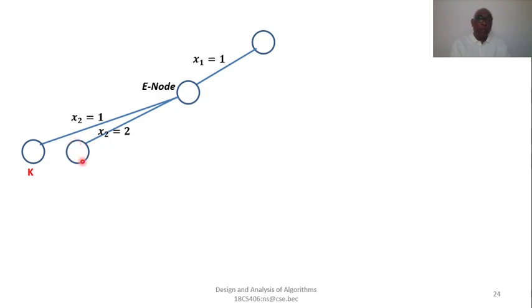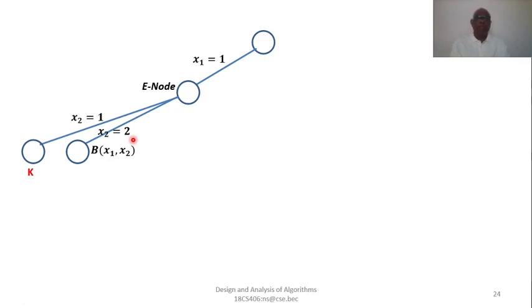The next child of the E node is constructed by choosing the value of x2 equal to 2. What is the partial solution now represented by this node? The partial solution represented by this node is (1, 2), that is x1 equal to 1 and x2 equal to 2. Does it satisfy the bounding function?